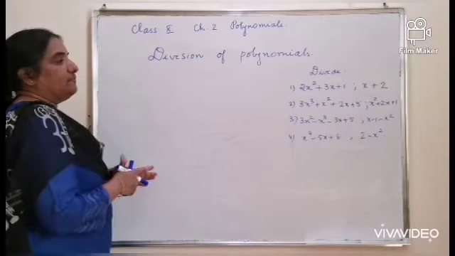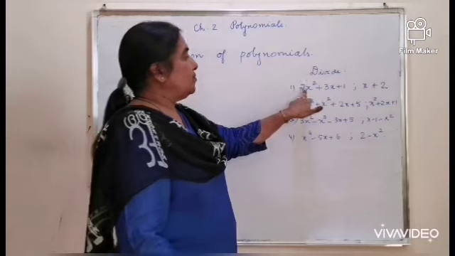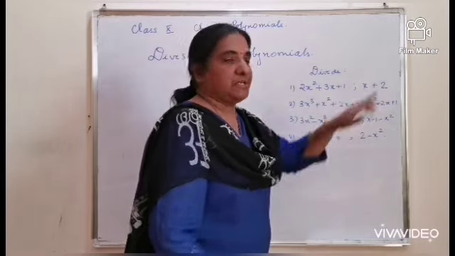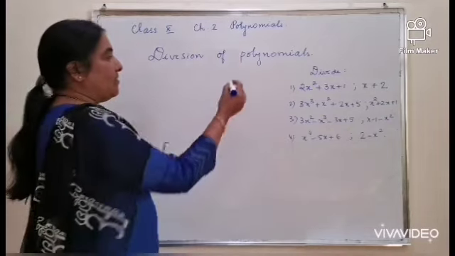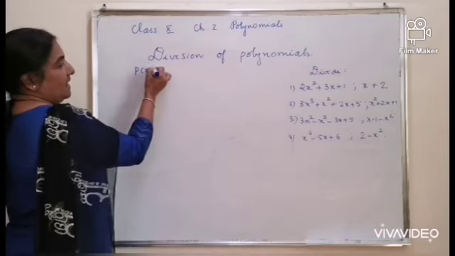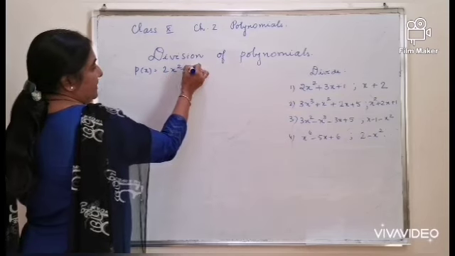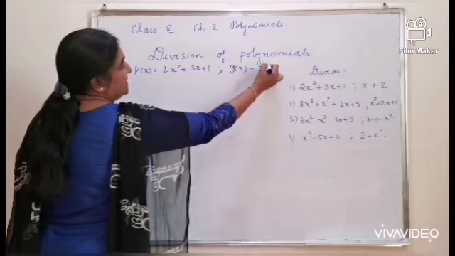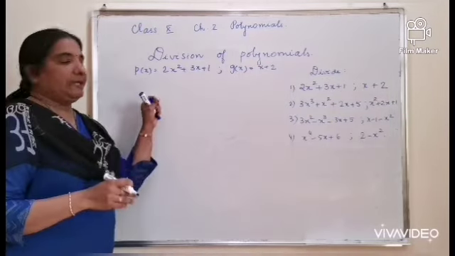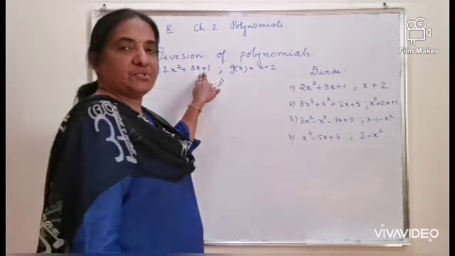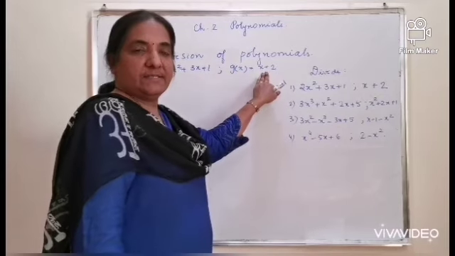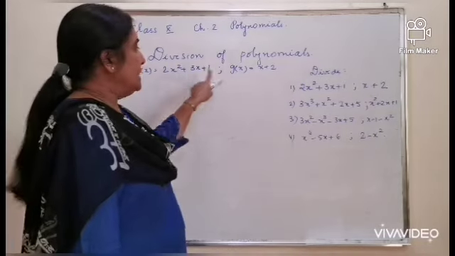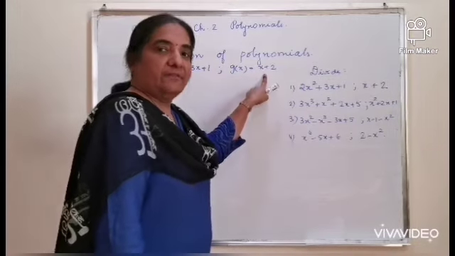The first problem is: divide 2x square plus 3x plus 1 by x plus 2. It's the same as calling the first polynomial p of x and the second polynomial g of x. The first polynomial p of x is the dividend, and g of x is the divisor.